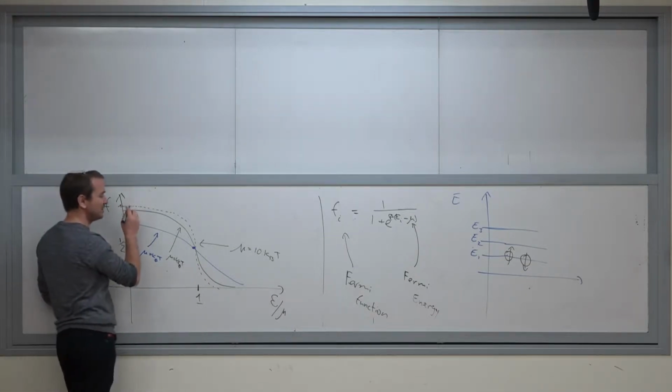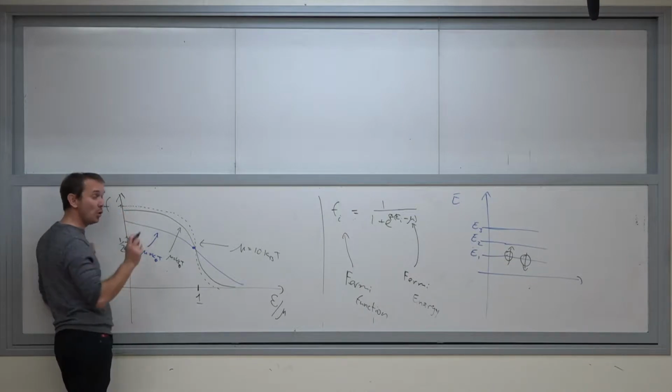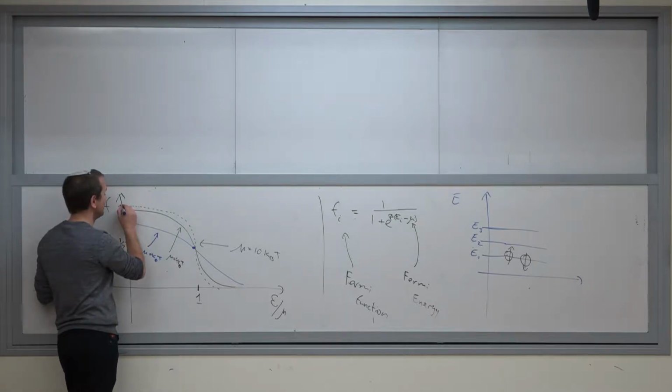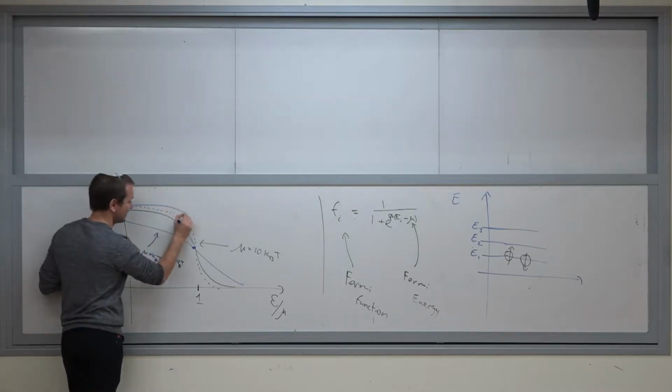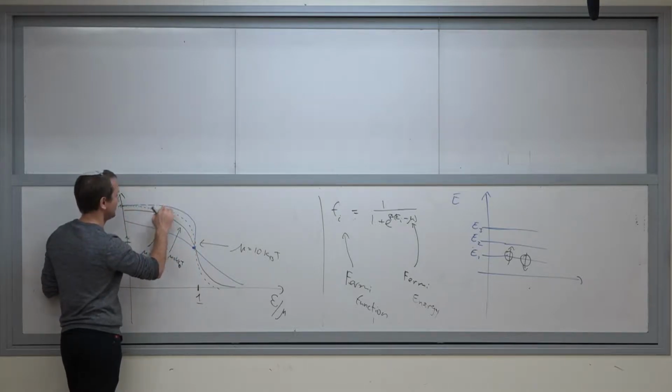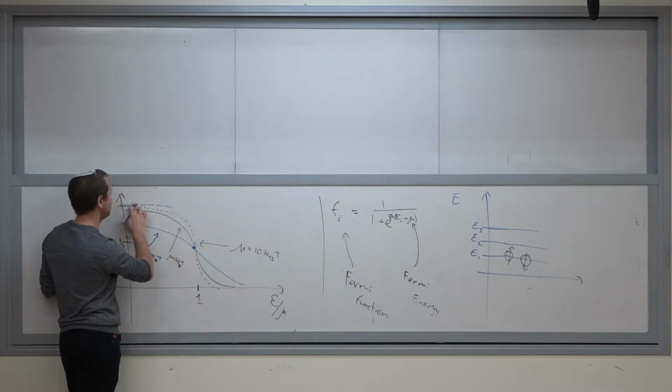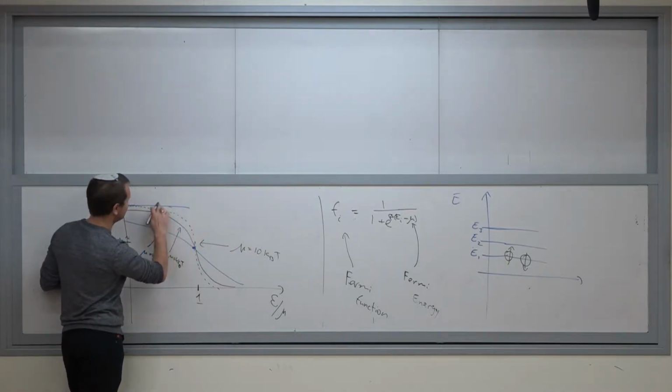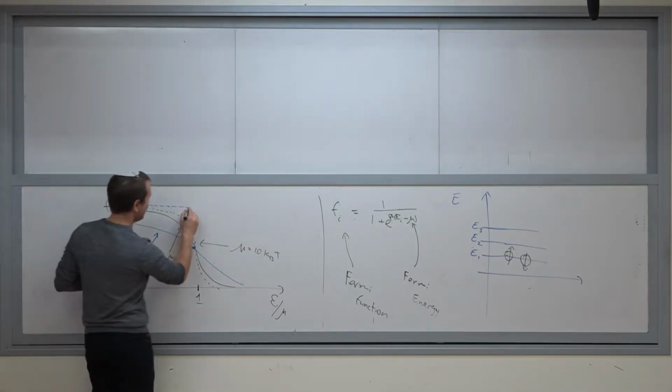So in the limit when the temperature is very low, and mu in terms of k Boltzmann T is very high, we obtain almost a delta function for the behavior of the Fermi function.